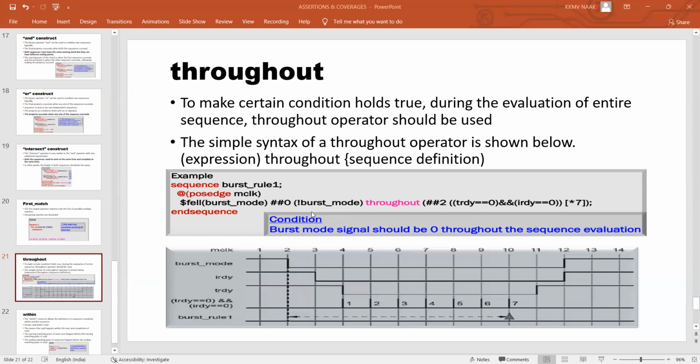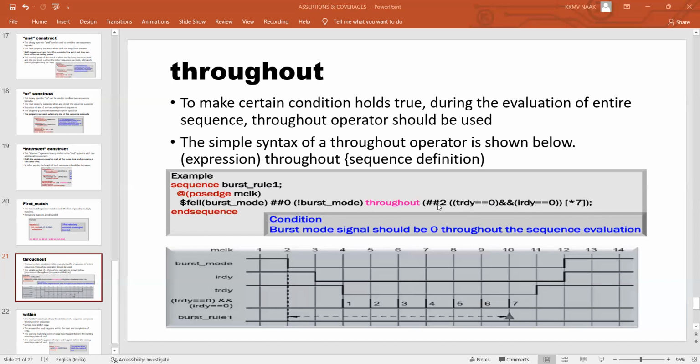So here your burst mode should be low throughout the entire operation. Whatever operation or expression we have mentioned here, your burst_mode signal should be 0 throughout this expression.